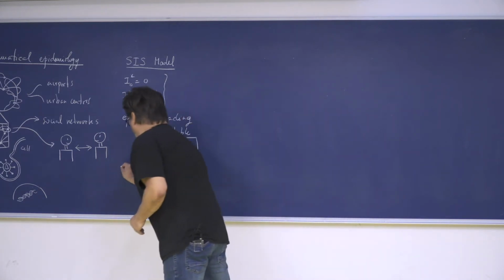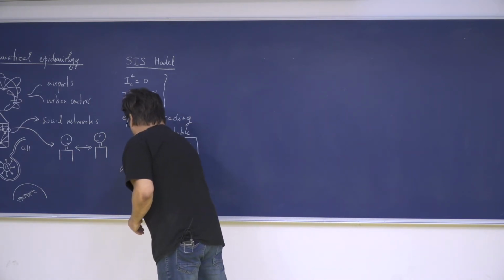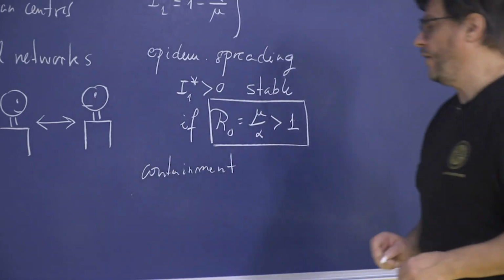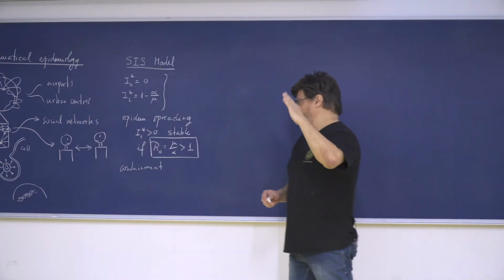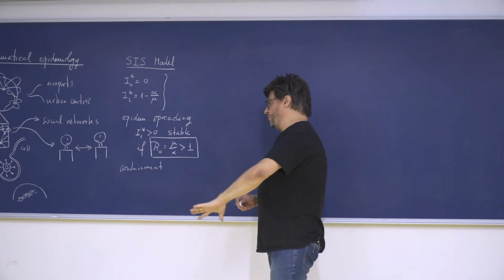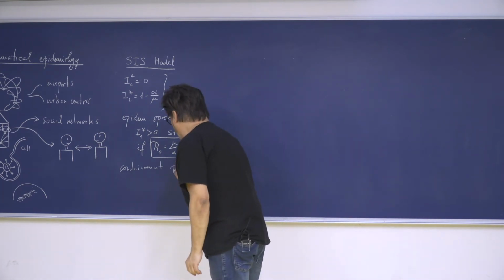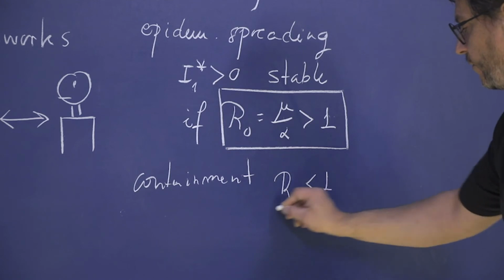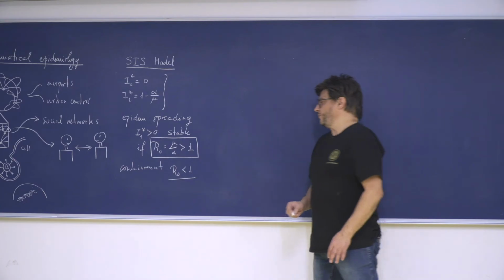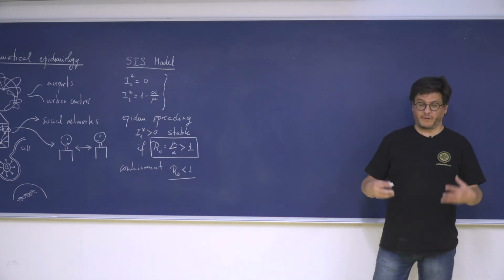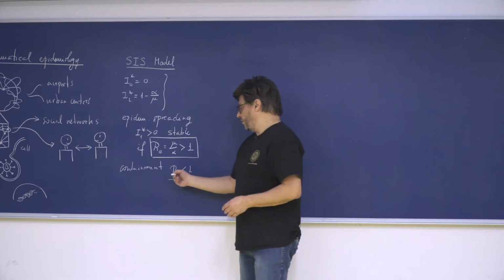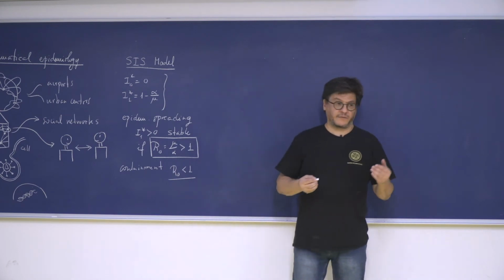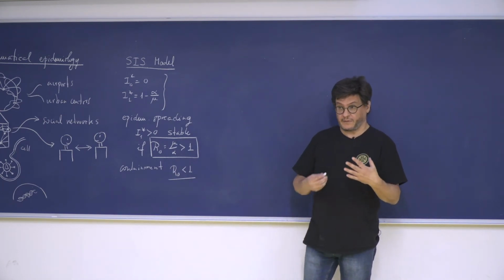So containment, ideally, containment means that you put the virus under control and make it to get extinct. Containment happens if this is less than 0, right? During the COVID pandemic, this has become a really central object of discussion, and it's a kind of the essential thing you have to control to see if things are going well or not.